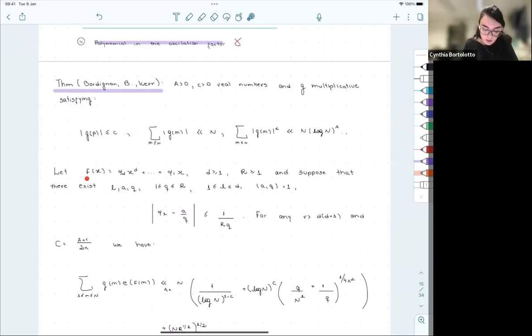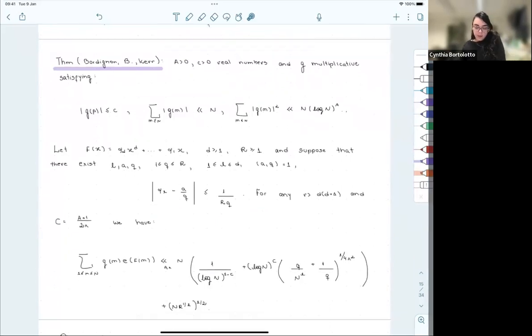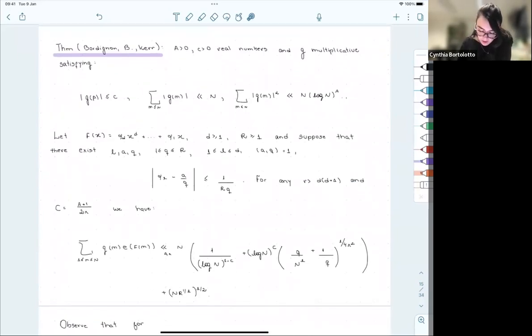And then if we take any polynomial here with one irrational coefficient, and suppose that there exist L, A, and Q, with Q smaller than R, and A and K coprime, such that one of the coefficients is well approximated, so alpha L minus A over K is bounded by 1 over R divided by K. Then for every R bigger than D times D plus 1, we have this expression here.